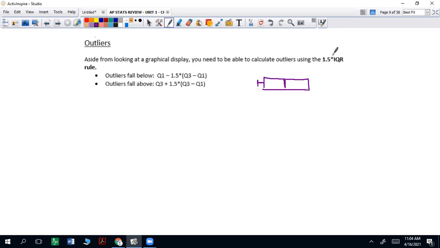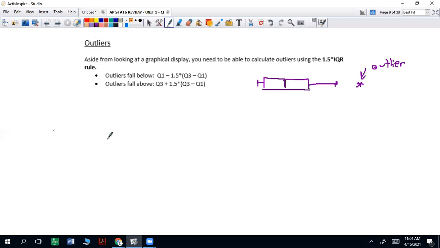But I'm going to be honest with you, most of the graphs on the exam are drawn for you, so you really don't need to enter a lot of data in your calculator. A lot of it is just interpreting it. If a box plot shows an outlier, well, that's a surefire way to identify one. But most of the time, we're not going to need that.